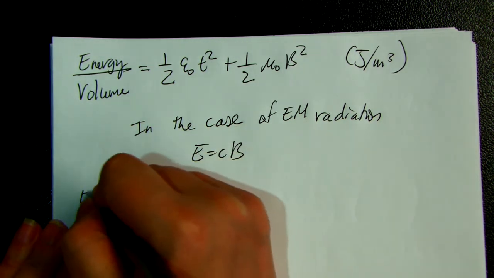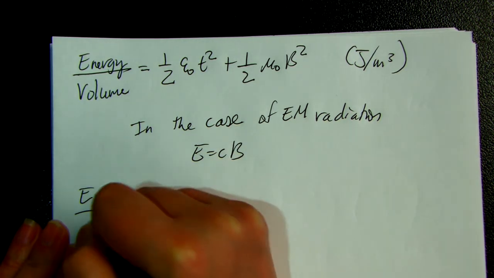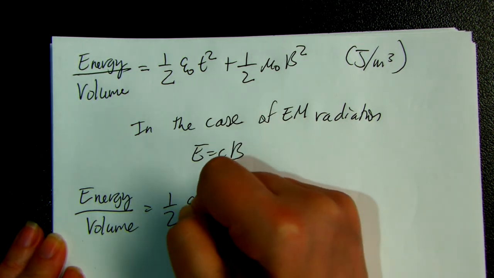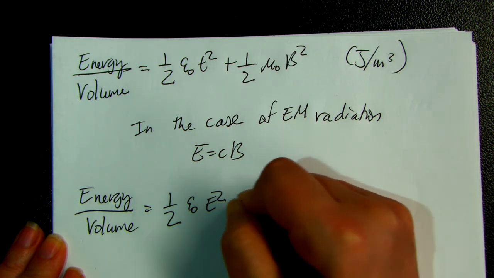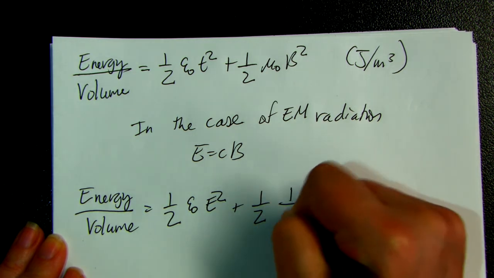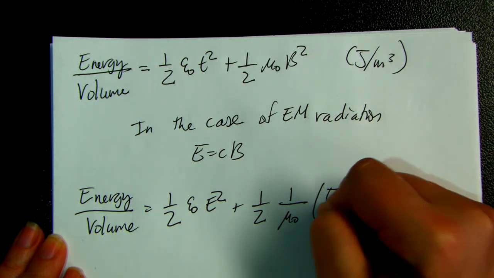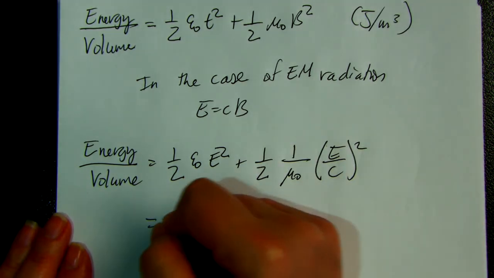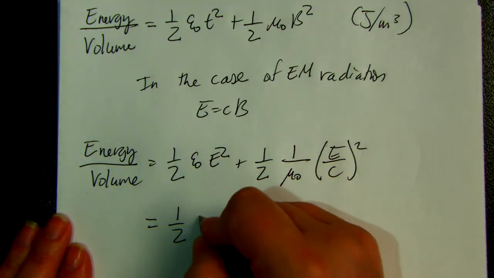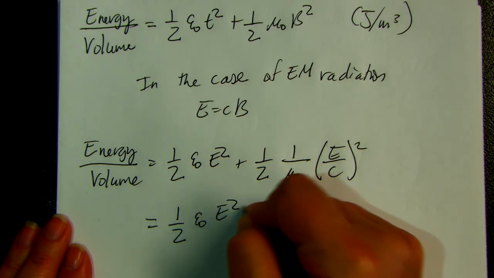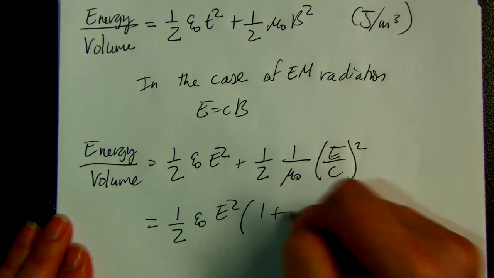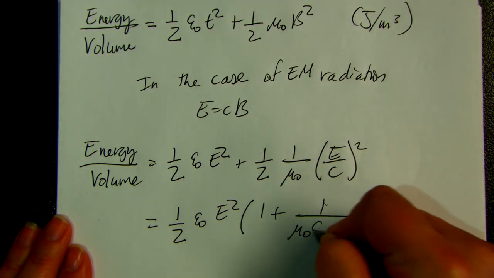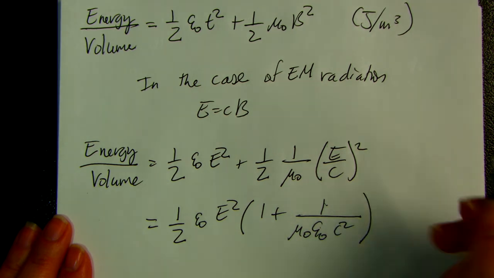So energy per unit volume is equal to 1/2 epsilon naught E squared plus 1/2 1 over mu naught, E over C quantity squared, is equal to 1/2 epsilon naught E squared, 1 plus 1 over mu naught epsilon naught C squared.